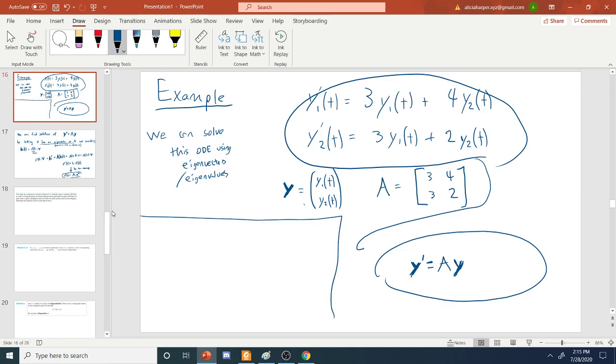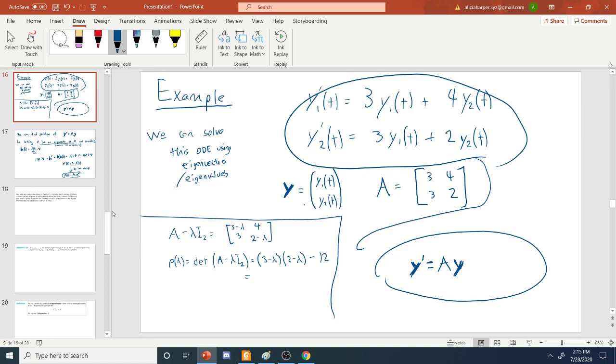What we're going to do is consider A minus lambda times I2. This is the same thing as 3 minus lambda, 3, 4, 2 minus lambda. And the determinant, which is p of lambda, is equal to the determinant of A minus lambda I2, which is the same as 3 minus lambda times 2 minus lambda minus 12.